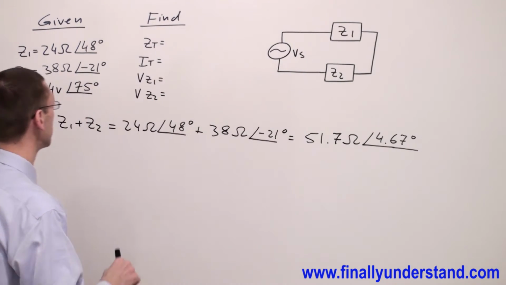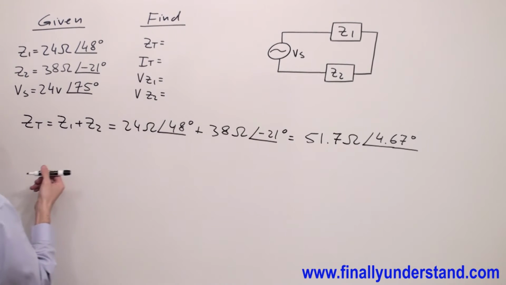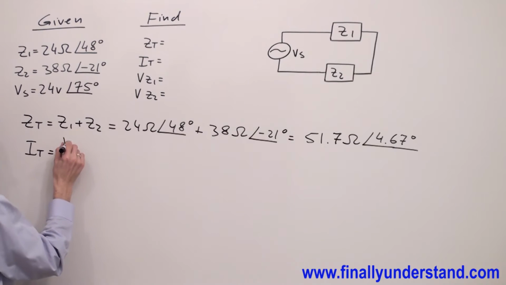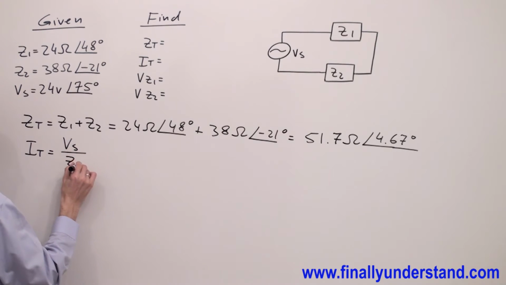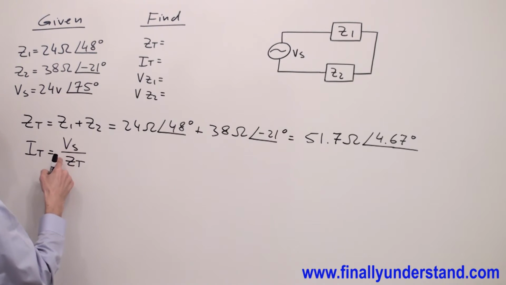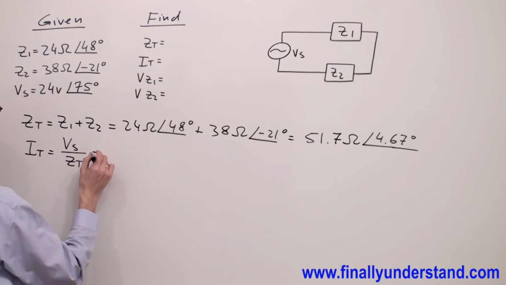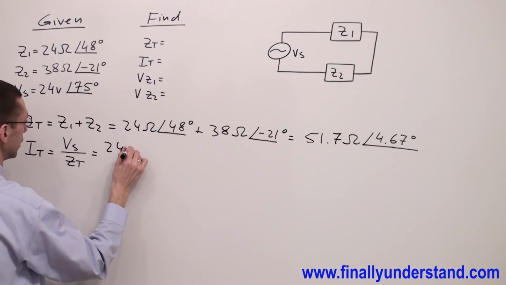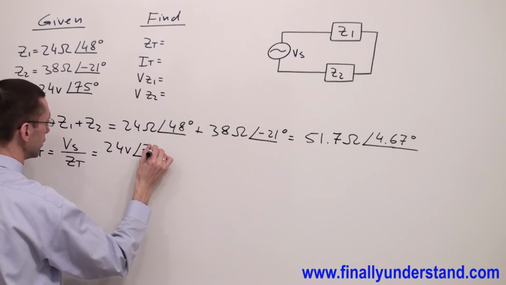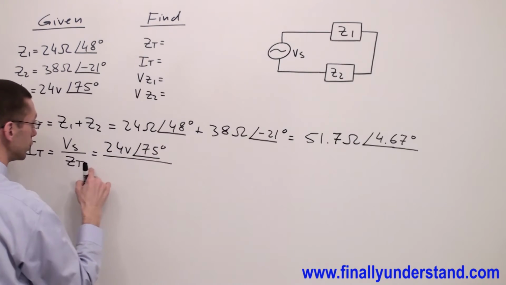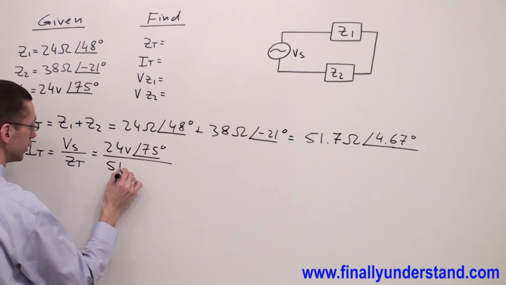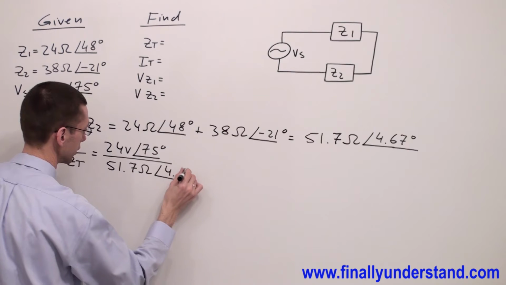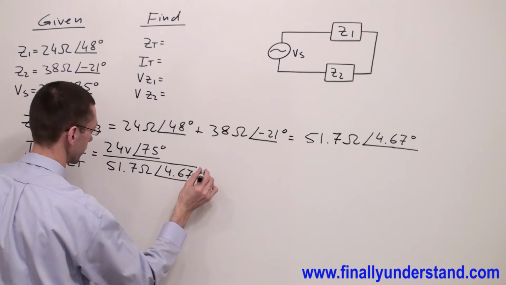In order to find I total, I'm supposed to use Ohm's law. I total is equal to voltage source over Z total. Remember, current is equal to voltage over impedance, where voltage source is equal to 24 volts and angle of 75 degrees divided by Z total, which is equal to 51.7 ohms and angle of 4.67 degrees.